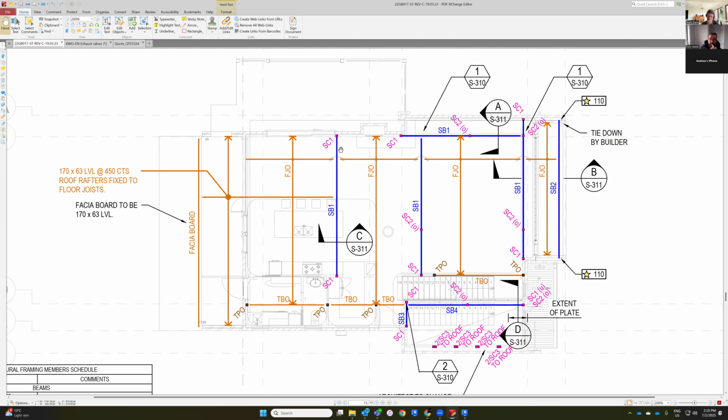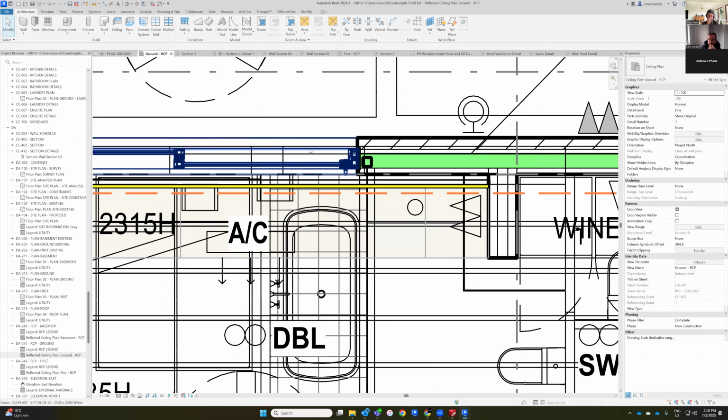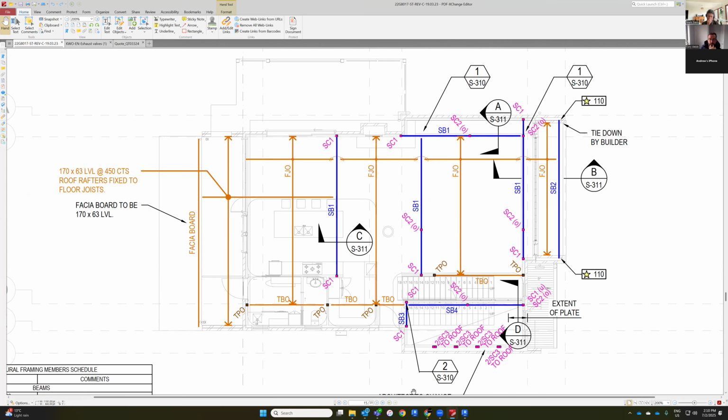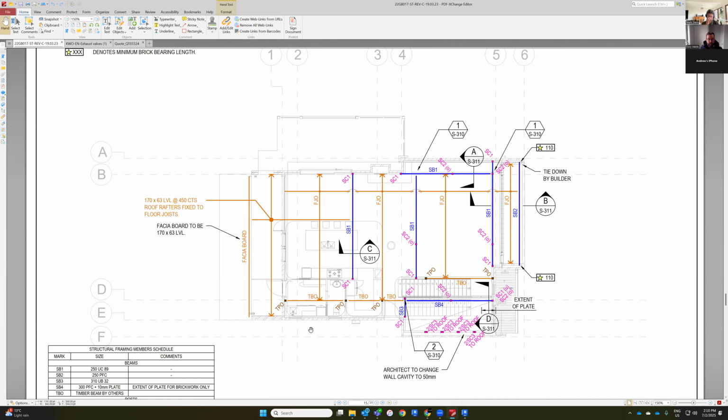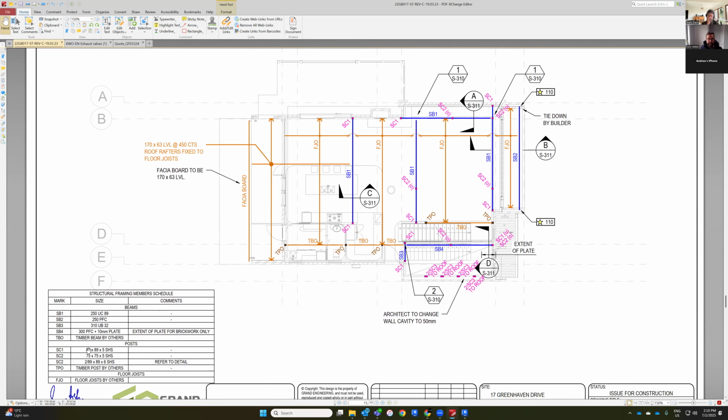What we might need to do is, if they can't be timber, just bring them inside the thermal envelope. What size are those columns in the engineer's drawings? 90 by 90. So if you're going to bring it inside, you've got 45, 55, we'll call it 55, 60.